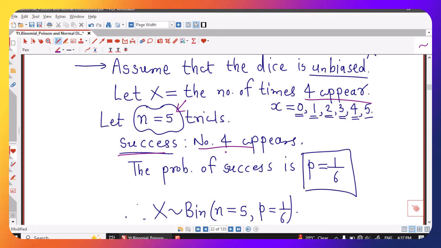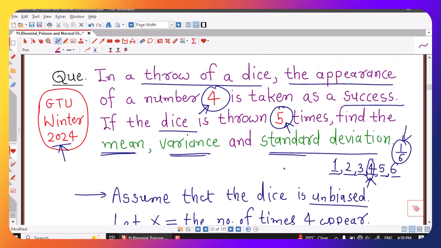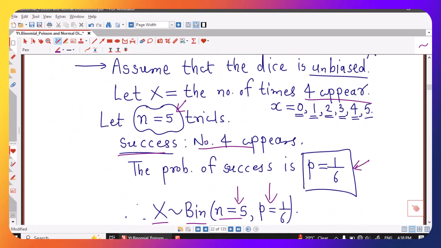Trials are independent and the probability of getting 4 in each trial remains the same, that is, the probability of success is constant. Therefore we can say that X follows binomial distribution with parameters n equal to 5 and probability of success p equal to 1 by 6. And we are familiar with the ready-made formulas of mean, variance and standard deviation for binomial distribution.